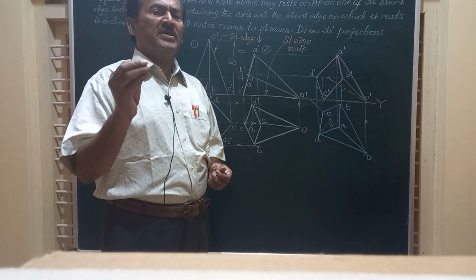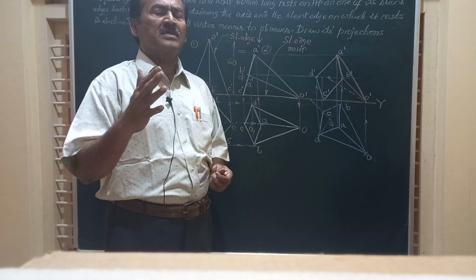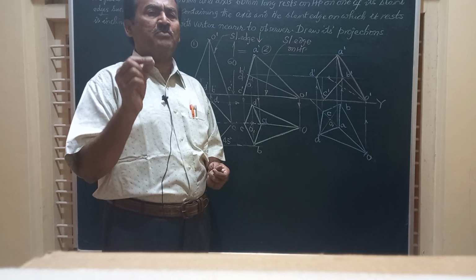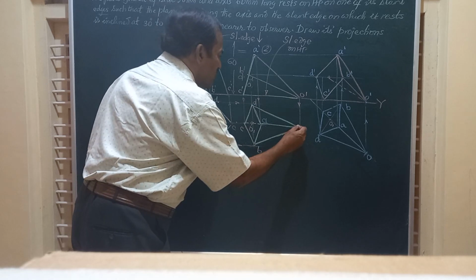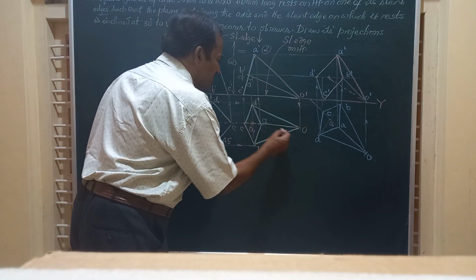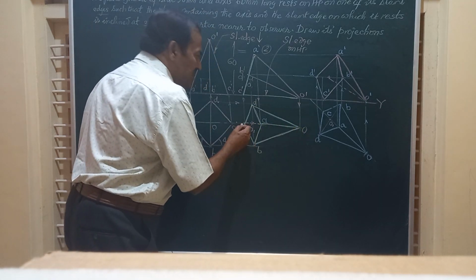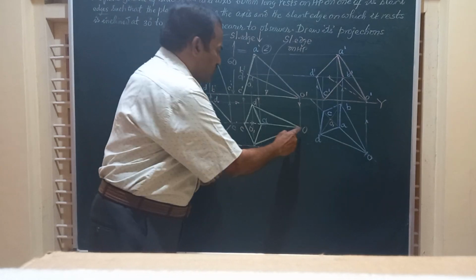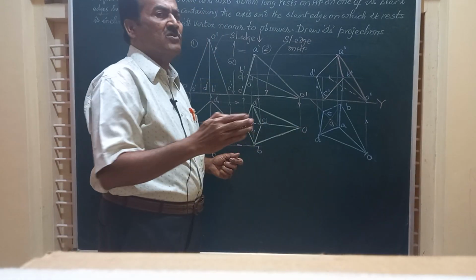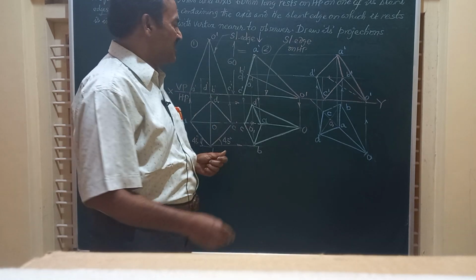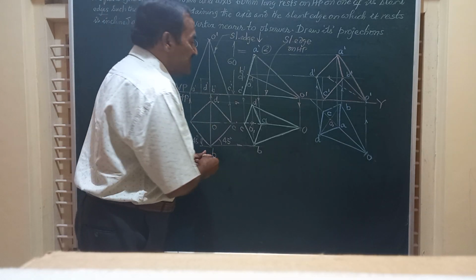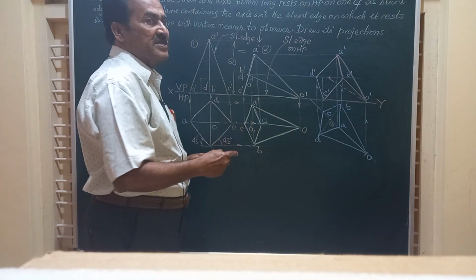Whenever you want to have a plane, that plane should have minimum 3 points. So here if you observe, as per the question, OO1 is the axis, OC is the slant edge, and these 3 points O, O1 and C form a triangular surface because there are 3 points, and also this is seen as a line in the top view.